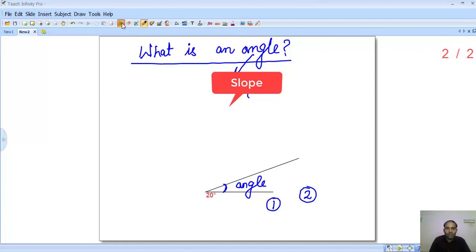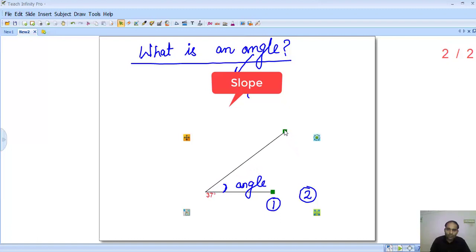Okay, now you understand what is an angle. Now if I increase the slope, the angle increases. Now see how, if I increase the slope, the angle increases.